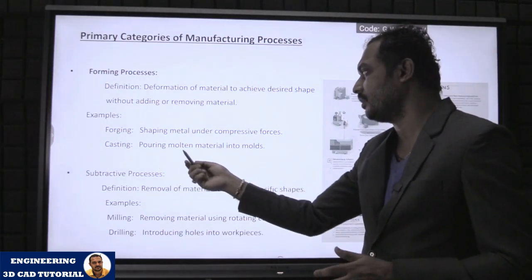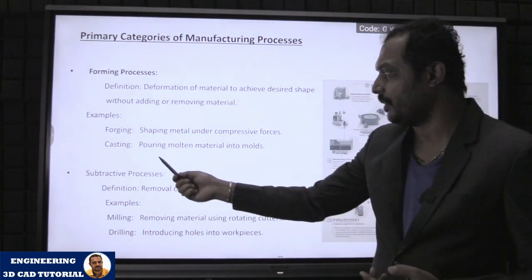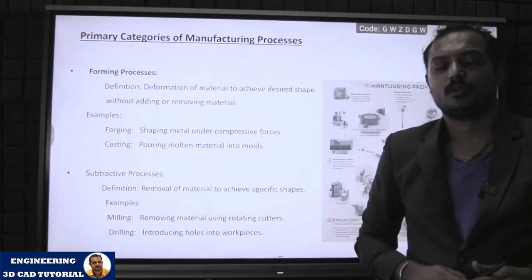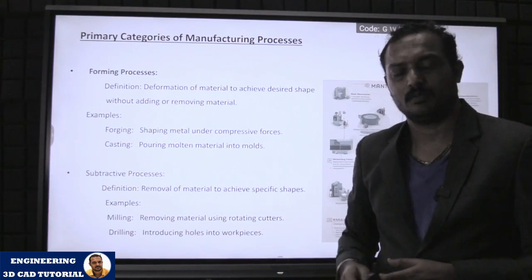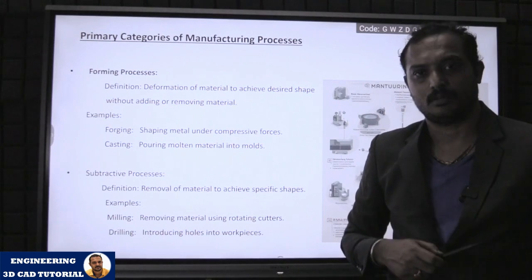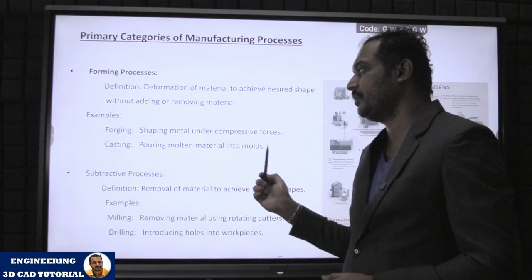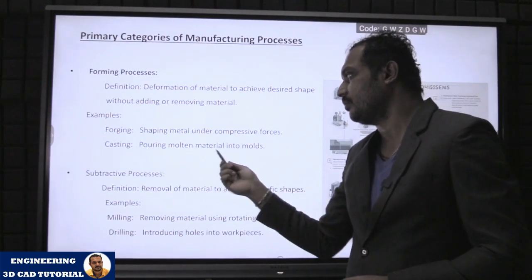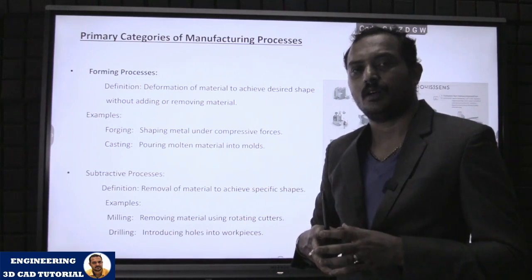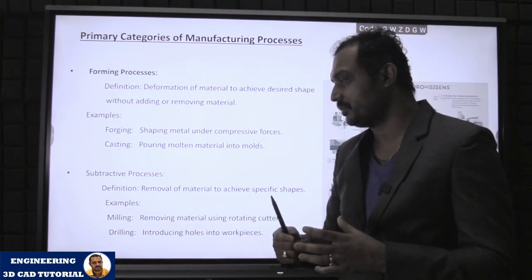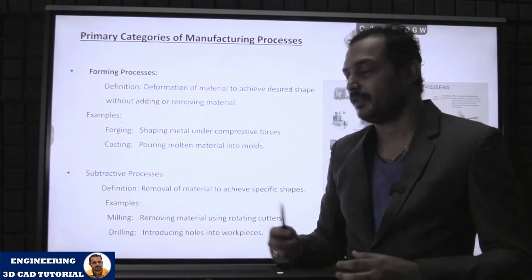So casting is pouring of a molten material into a mold. Suppose you want to produce an alloy wheel for a car, bike or scooter, they will start pouring the molten material, which is in a liquid state, into the cavity, the space that is there, and you get the shape you previously made inside the mold.